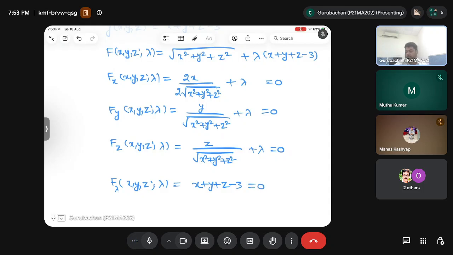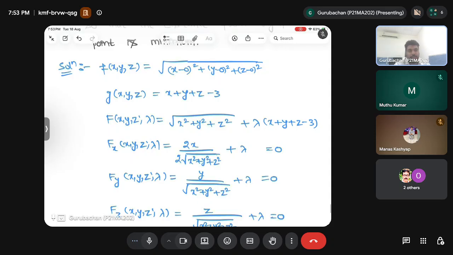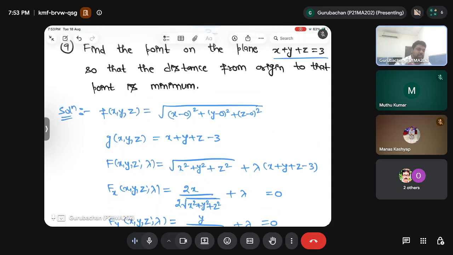Now tell me what will be the critical points. See, one way is to do it like this. If I say you need to minimize this, or if I write in place of this x square plus y square plus z square, does it make any difference in minimizing the quantity?